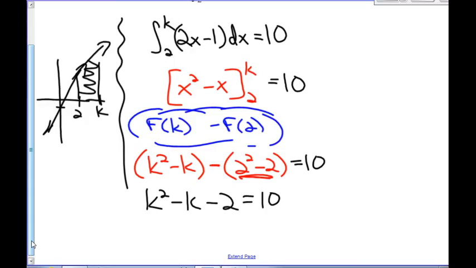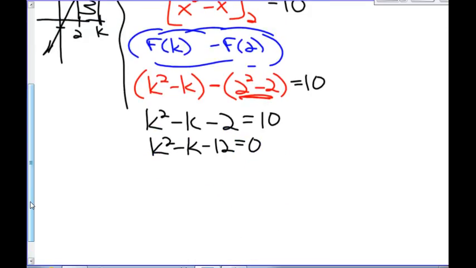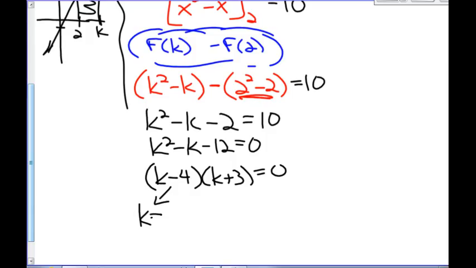Ooh, it's a quadratic. We love quadratics. Let's go ahead and solve. That's k minus 4, k plus 3 equals 0. So the k values should be 4 and negative 3. Now that negative 3 seems really weird.